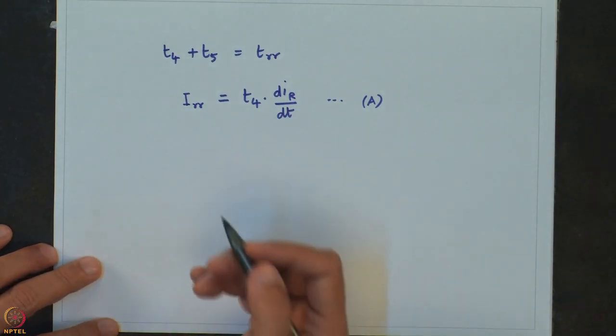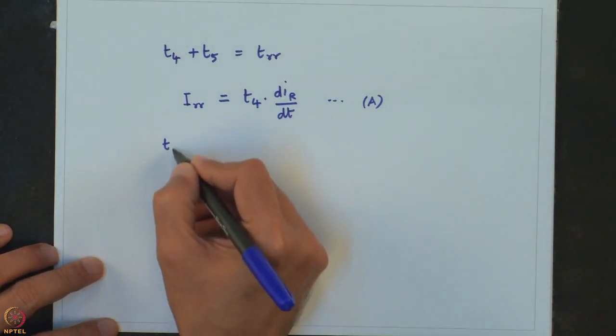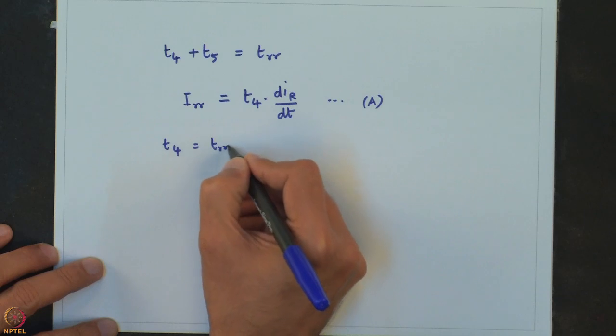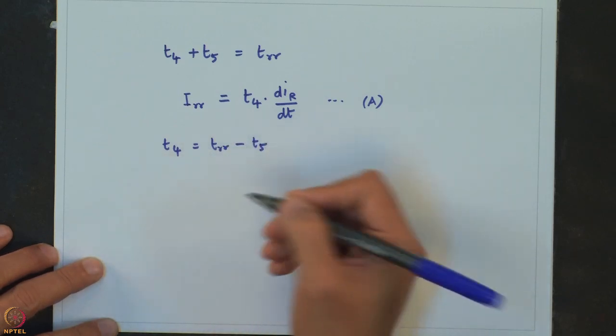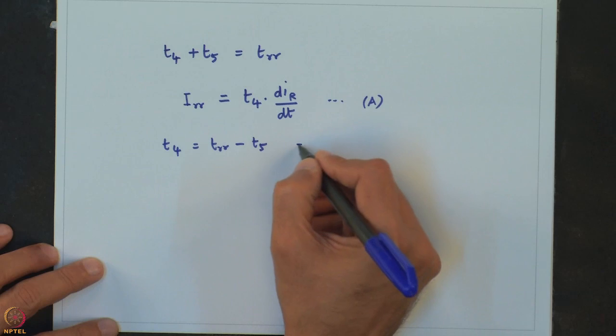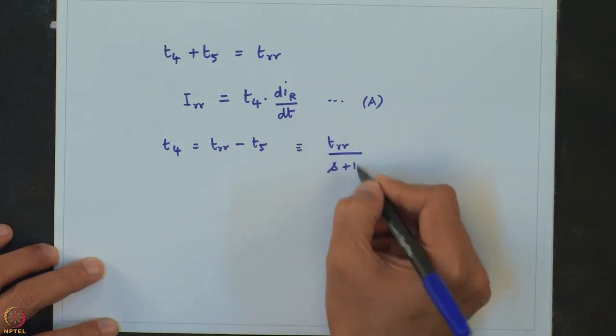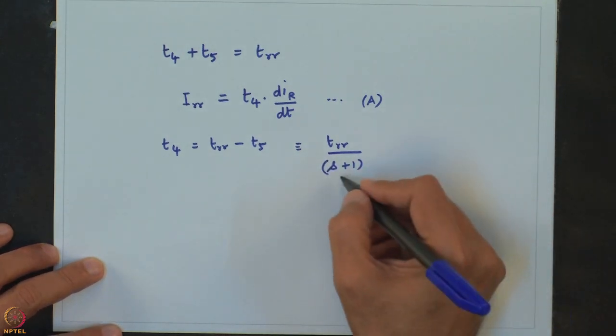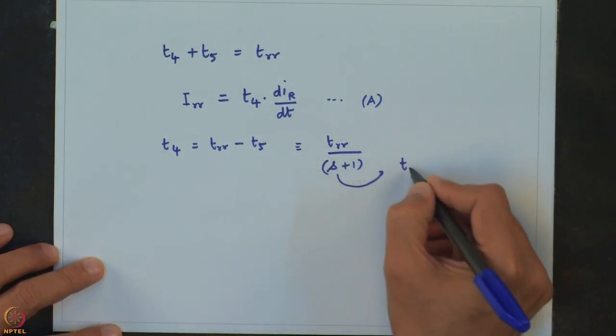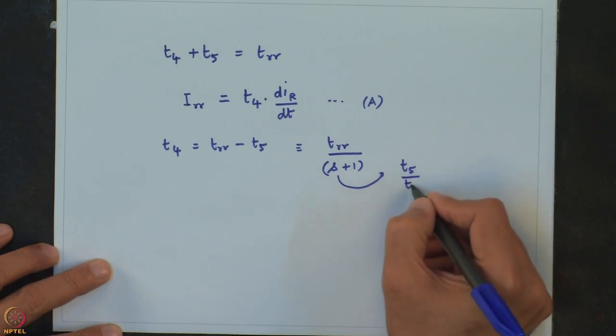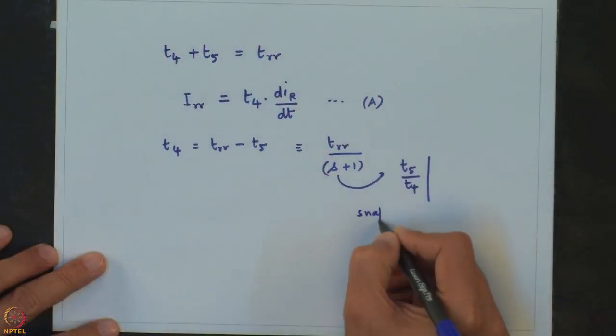Now, we know that T4 is nothing but TRR minus T5, and with some manipulation I can say that this is nothing but TRR divided by S plus 1, where S is the ratio of the time T5 to T4. Often we denote this T5 by T4 ratio, and people who work with diodes call this the snappiness factor.